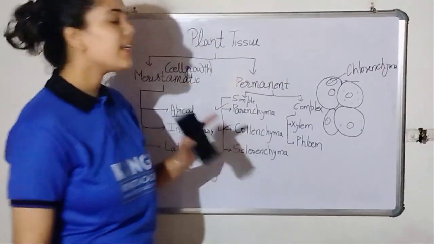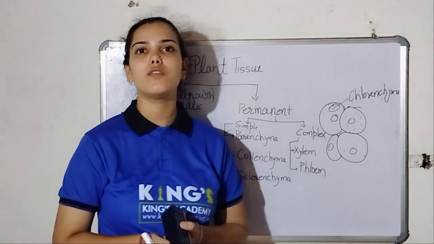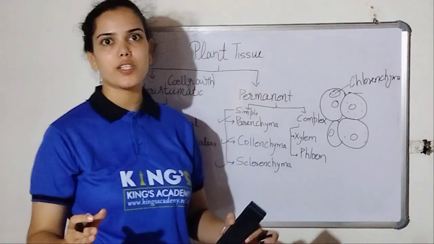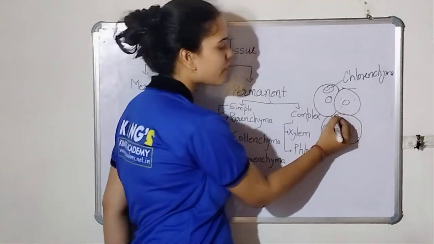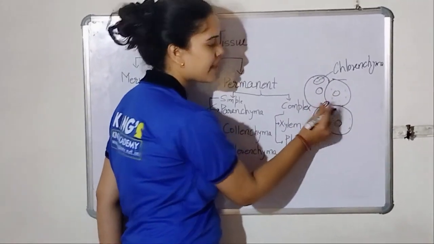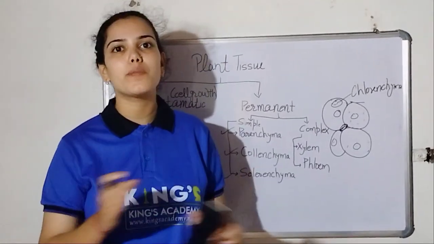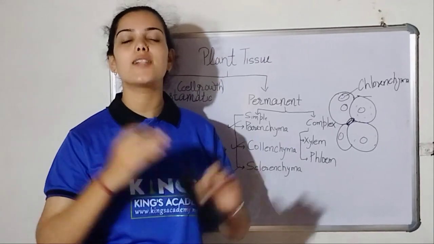Chlorenchyma. And in the case of plants that are situated in water or marshy areas, these plants have very large intercellular spaces, whereas in these parenchyma cells you have seen there is very little intercellular space. The intercellular space means the space present between two or more cells.